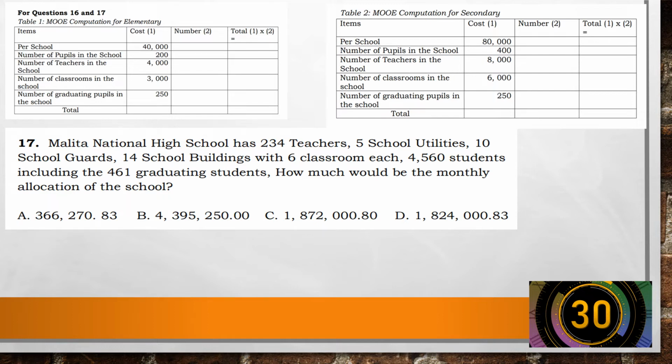And we have to take note of the table 2, which is the basis for the computation of the secondary school. So iba yung computation ng elementary compared to the computation for the secondary in obtaining the school maintenance and other operating expenses, or the MOE. Okay, your time starts now.